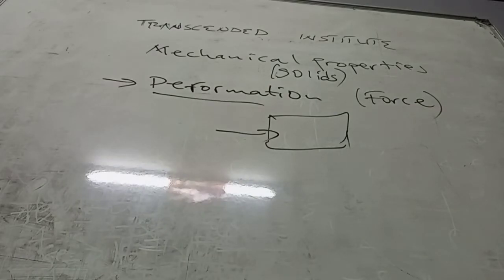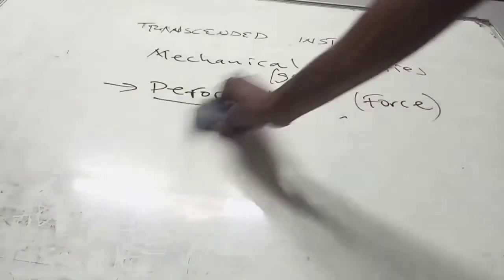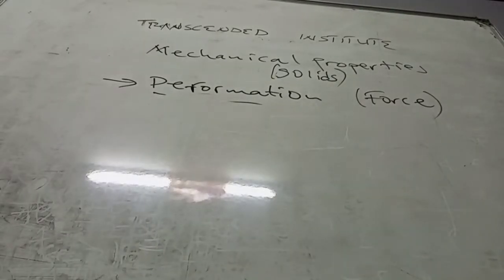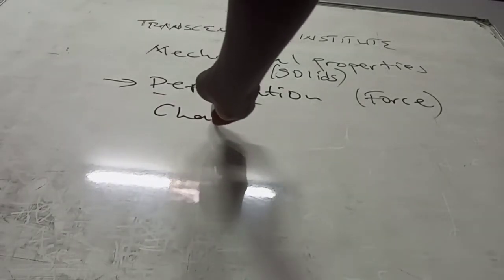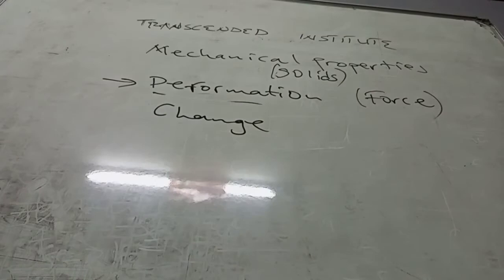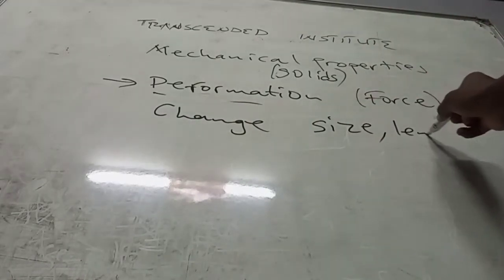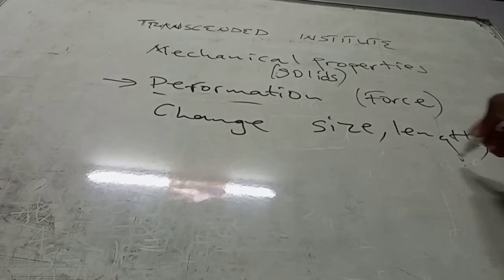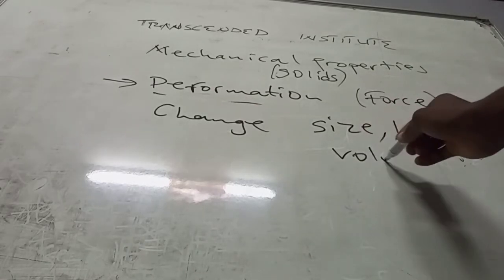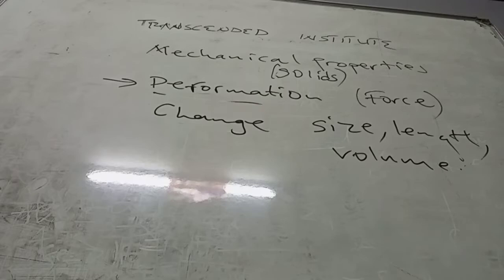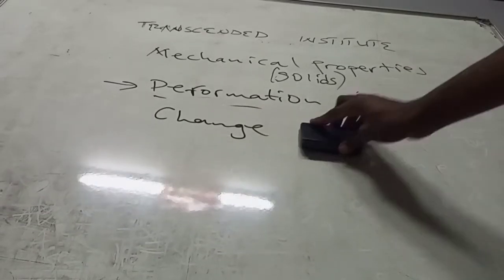Deformation will differ to change in the properties of an object. It can be a change in size, a change in length, or a change in volume, and so on. So that's basically what we're going to focus on as we talk about the mechanical properties of matter in solids.